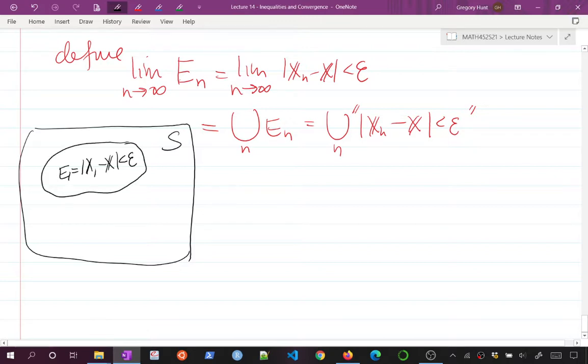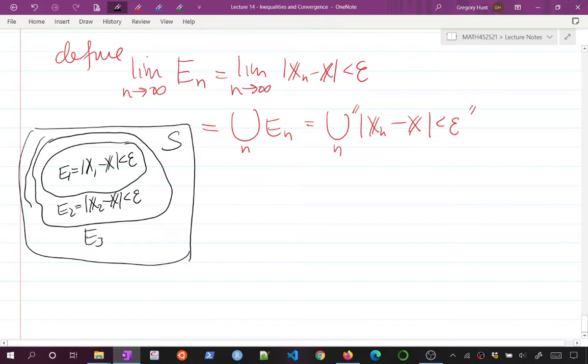And then I can look at E2, which is |x2 minus x| less than epsilon. And that's a bigger event. It's going to be nested in that way, typically, let's say. And I could look at E3, and that's going to subsume those two. So why are they nested in this way?